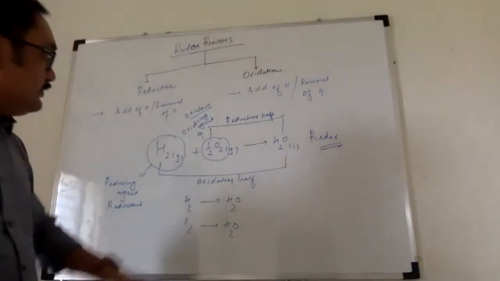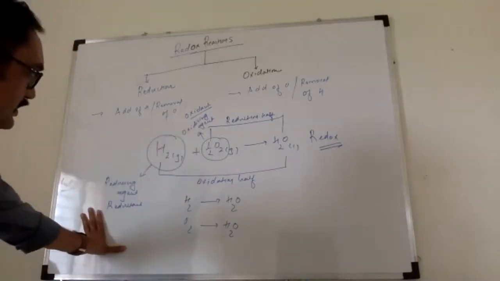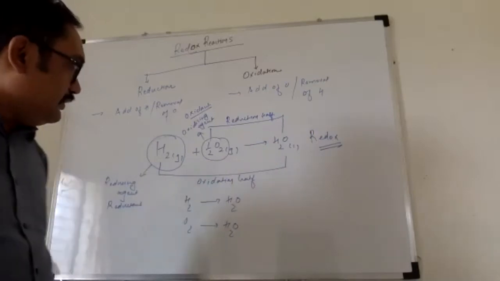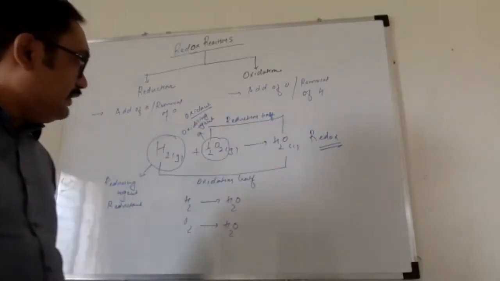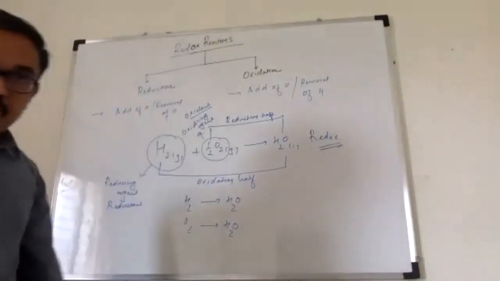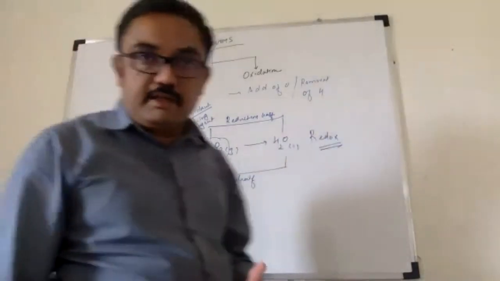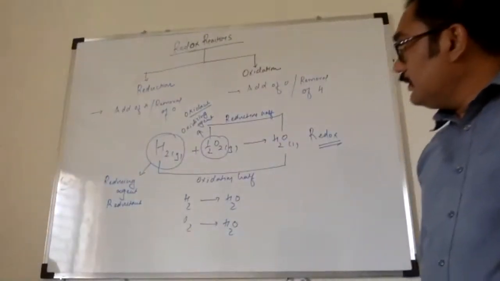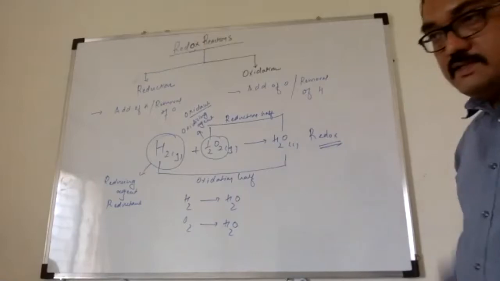So O2 is the oxidizing agent, hydrogen is the reducing agent. There is the oxidation of hydrogen, there is the reduction of oxygen, and this entire reaction is a redox reaction. So this is how you can find the reduction half, oxidation half, reducing agent, and oxidizing agent by applying this first definition, right?